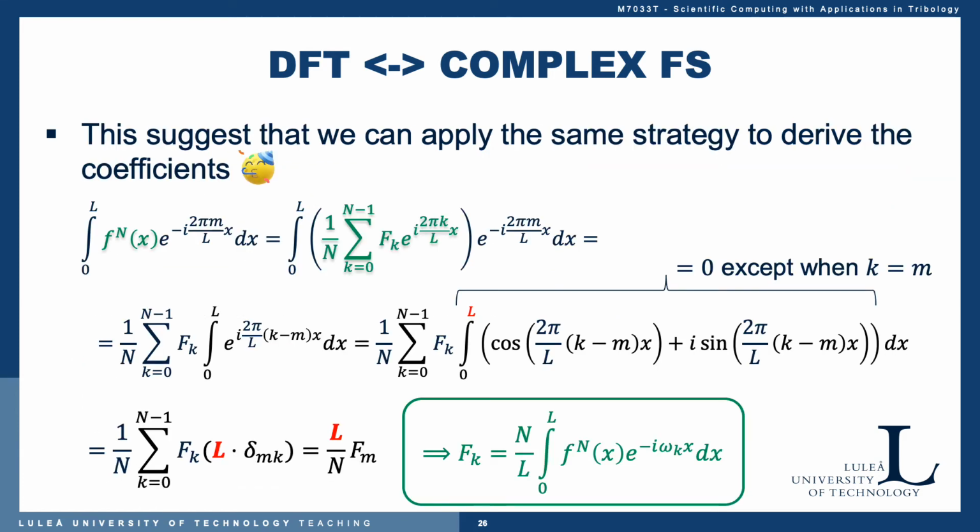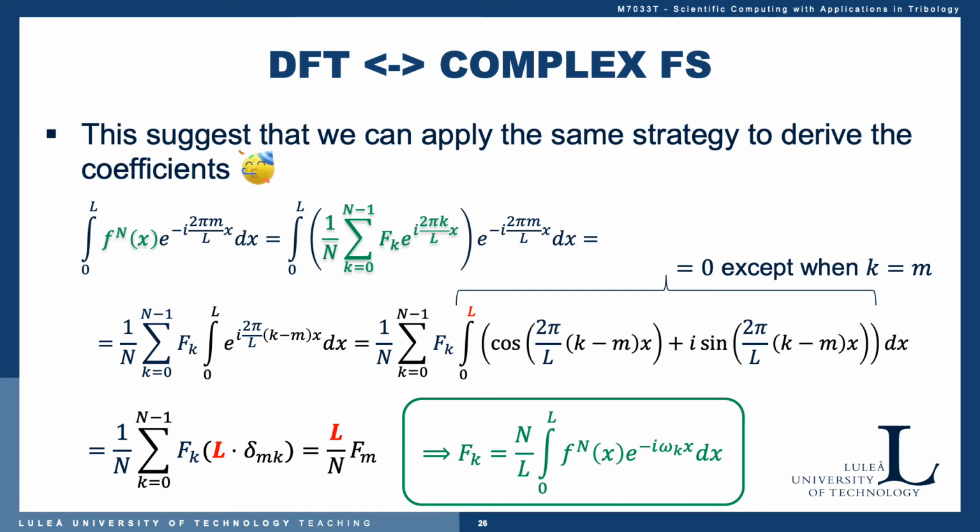So this suggests that we can apply the same strategy to derive the coefficients, which is very nice. And here you see the exact way of doing that. The only thing we have to think of a little bit is that we now consider not the dimensionless formulation.